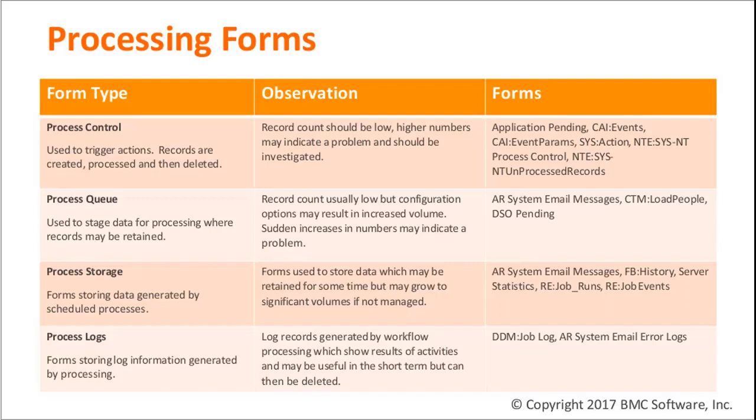Configuration of the system may be such that those records hang around for an extended period, but usually the volumes are on the low side. And if there is a large volume in there, DSO pending would be a good example. If there's a large number of records in there, it probably means there's a problem with that area of the system that needs to be looked at.